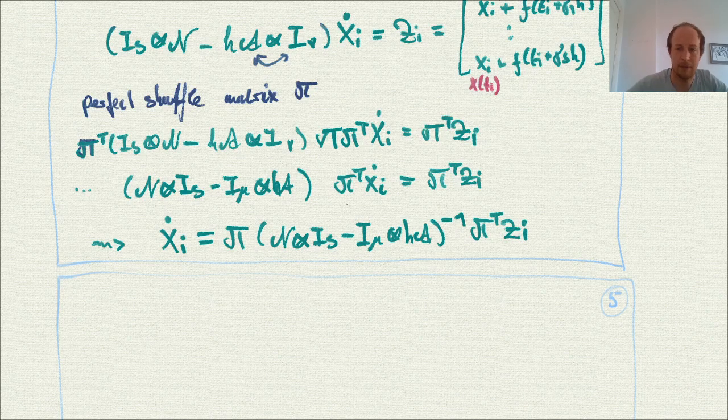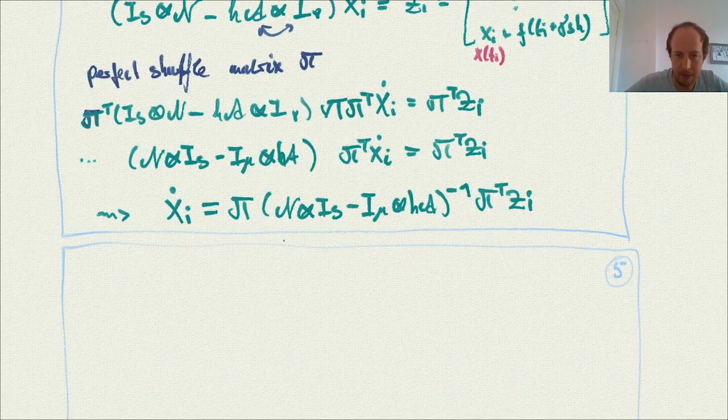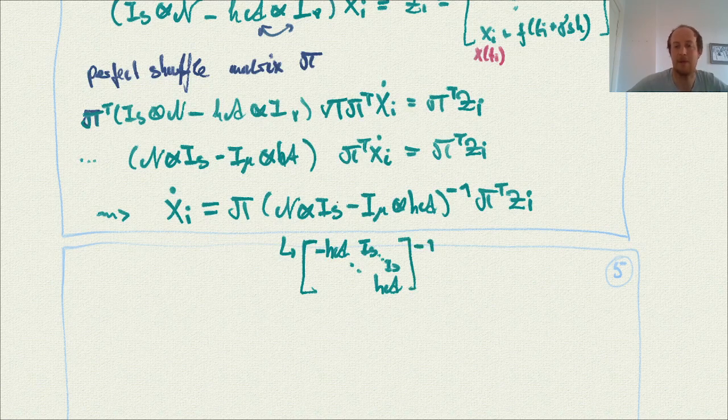Then we maybe need some recap that this matrix here is basically, as we had last week, minus h A on the diagonal, and the I_n block, and this I_s blocks on the first upper diagonal.